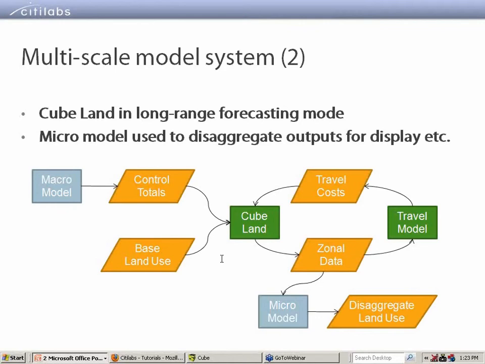Because there is so much interaction between the agents in Cubeland, like neighborhood quality and so on, this affects the results very much. So this is an issue that needs some work to verify that it's working correctly.